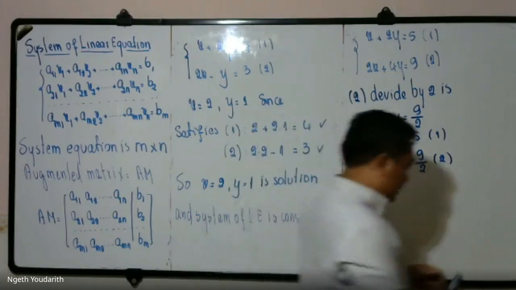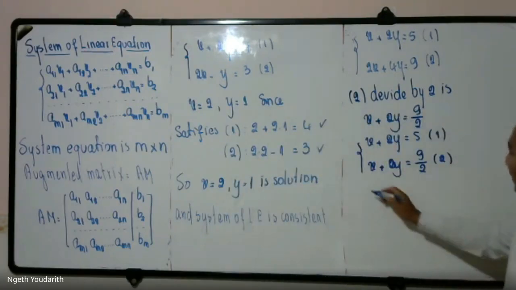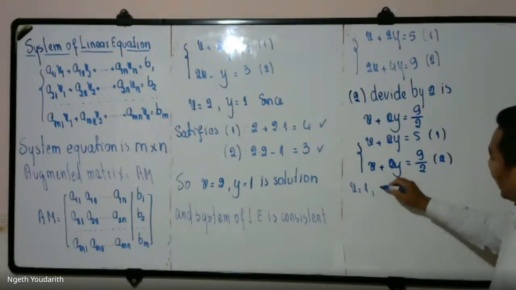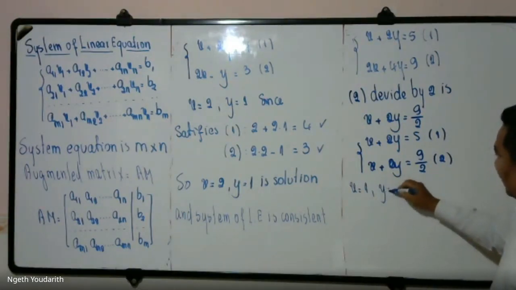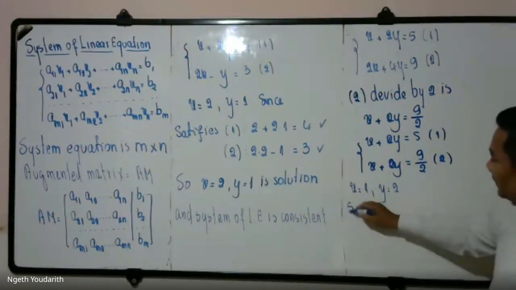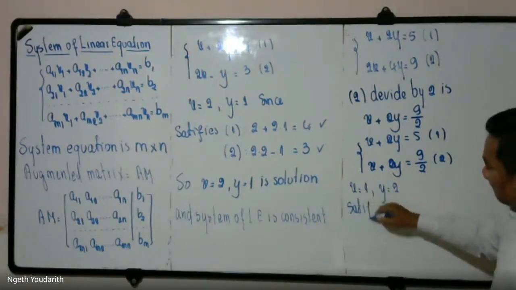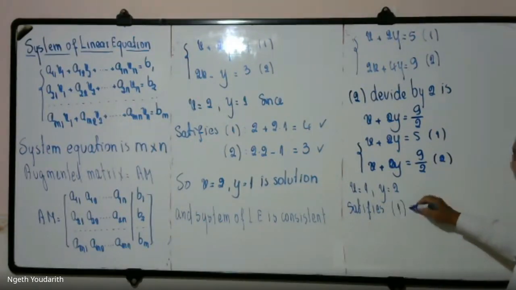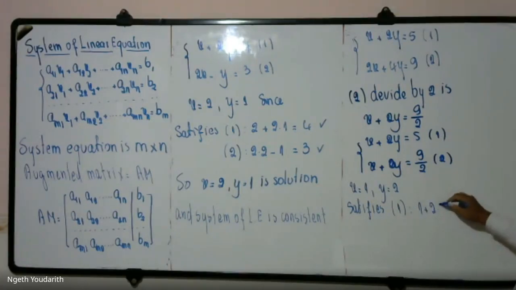Because when we take x equals 1 and y equals 2, let's certify. Equation 1 is 1 plus 2 multiplied by 2 equals 5, which is true.